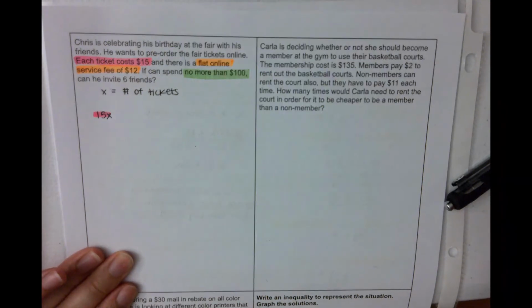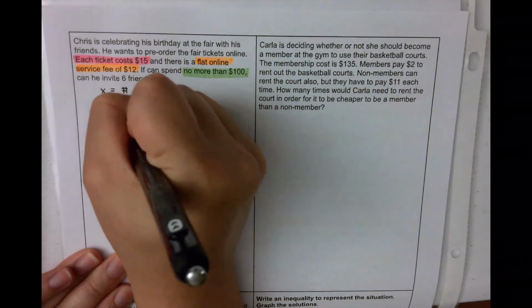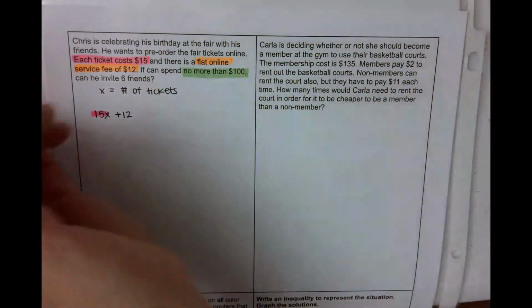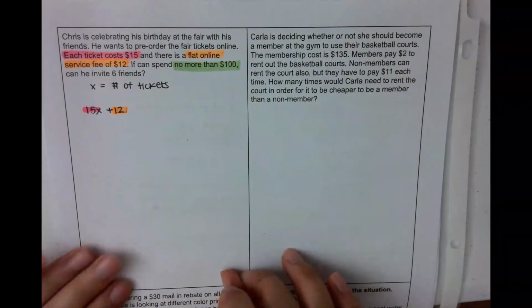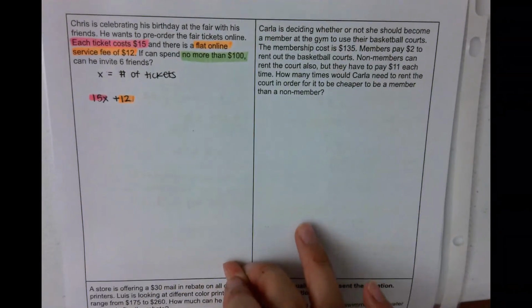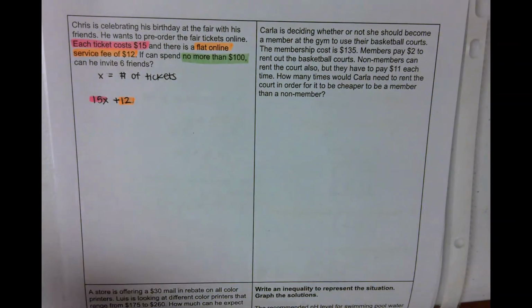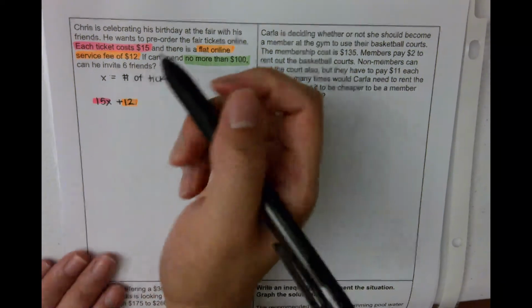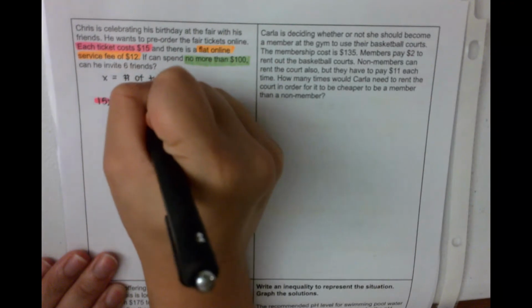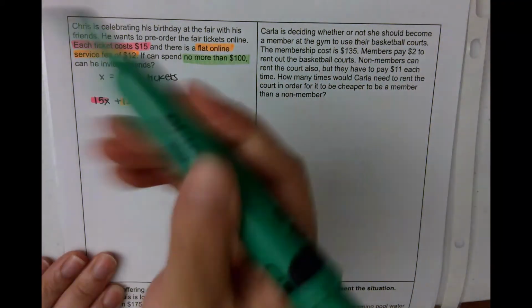We also know that he has to pay a flat online service fee, so that's more money he has to spend. Since this is only paid once, not per ticket or per person, it's just plus 12 once. And again, since you can't spend more money than you have, the amount that he spends has to be less than or equal to 100.